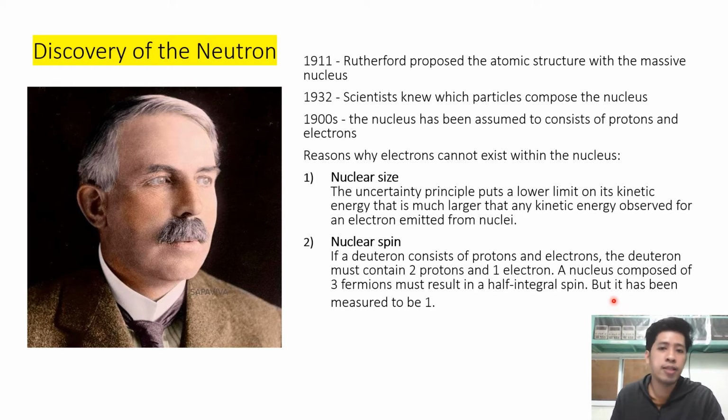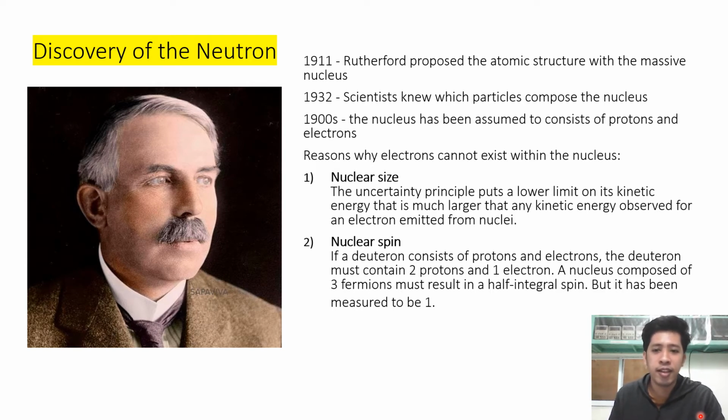However, by experiments, the kinetic energy of your electron is much smaller compared to the kinetic energy stated in the uncertainty principle. So it's really not possible that the electron is inside your nucleus.